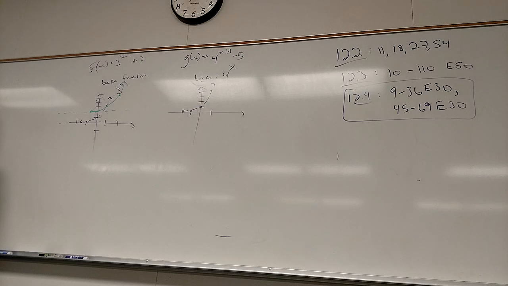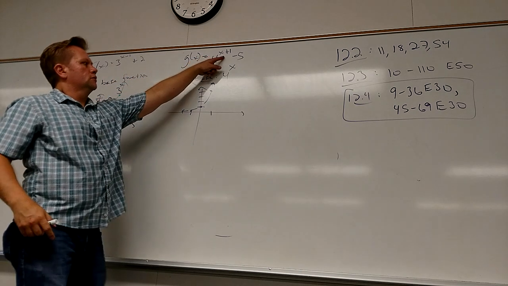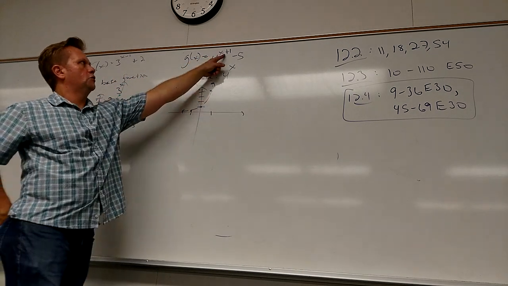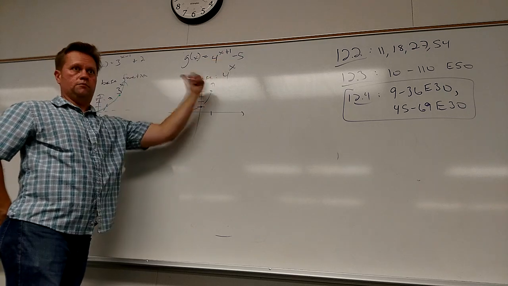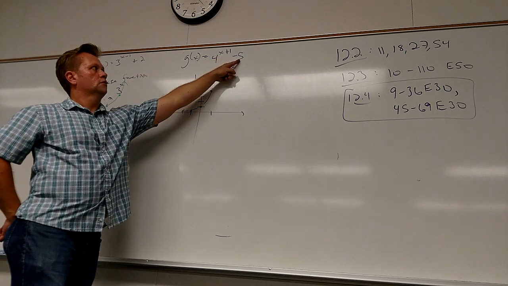That's the beauty. That's how we developed the vertex form of a quadratic. We realized it was just moving 0, 0, moving that around. So how would I do this one? Here's the base function. How would it move? Yep, good. To the left 1, down 5.